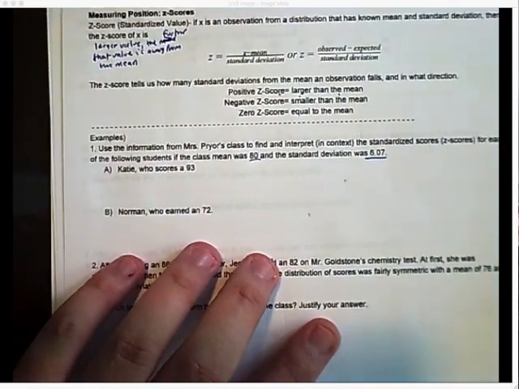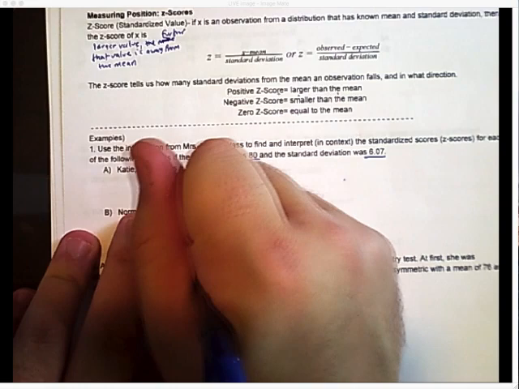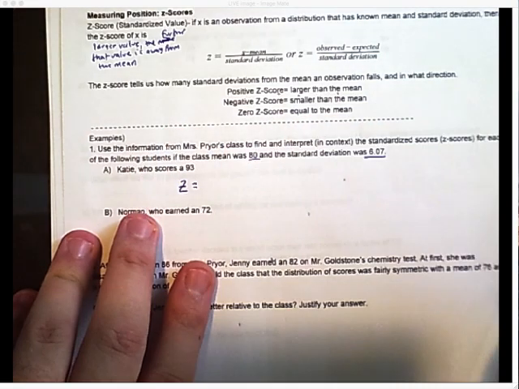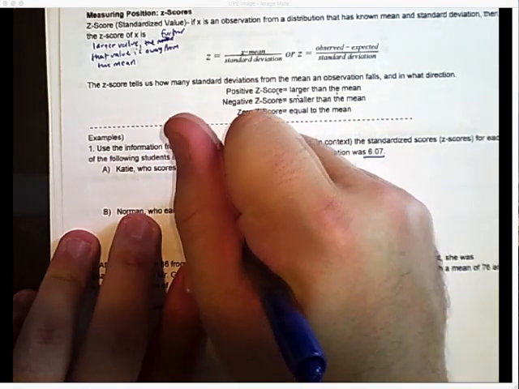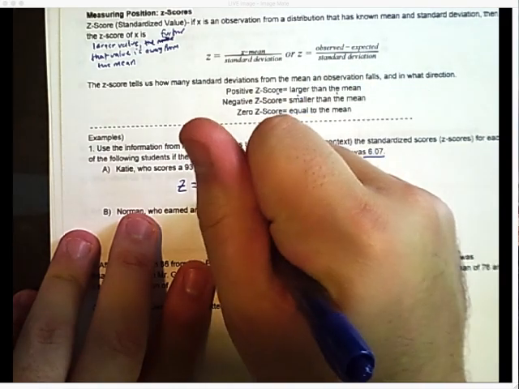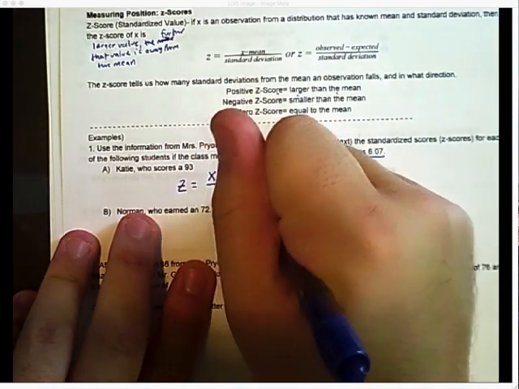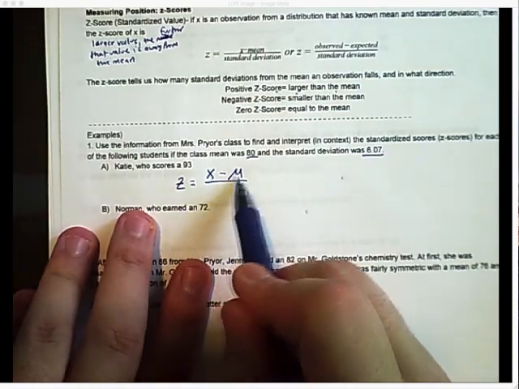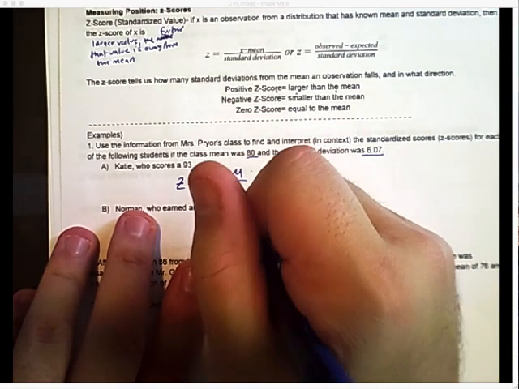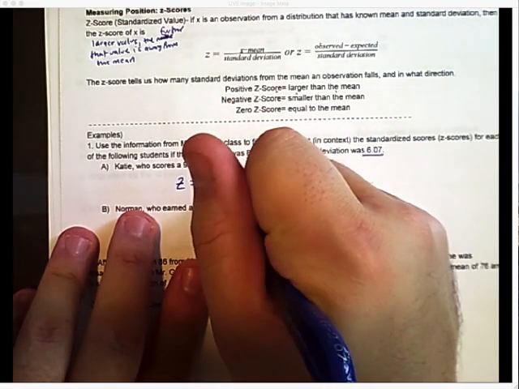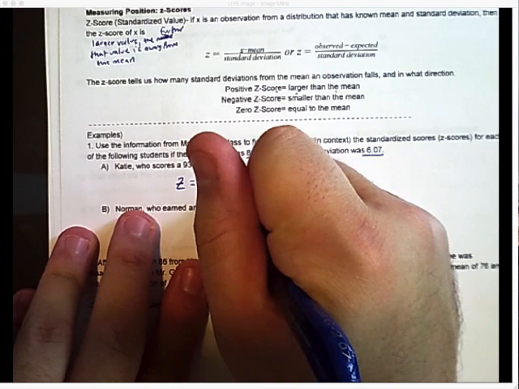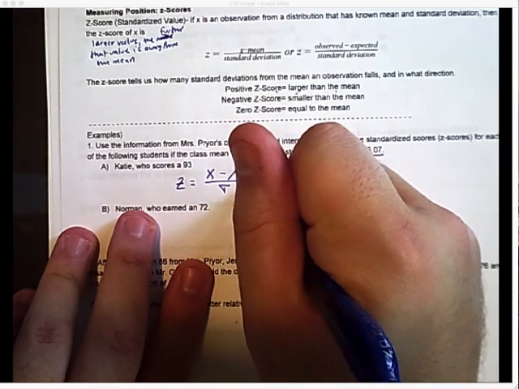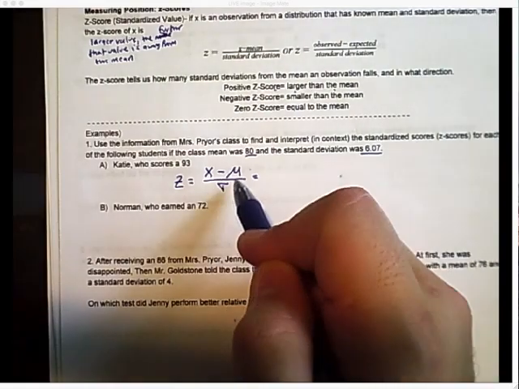So here's the formula: z equals the score, which we'll just call the x value, minus the mean (we use mu if it's a population mean), over the standard deviation. That's the symbol for mean, that's the symbol for standard deviation.